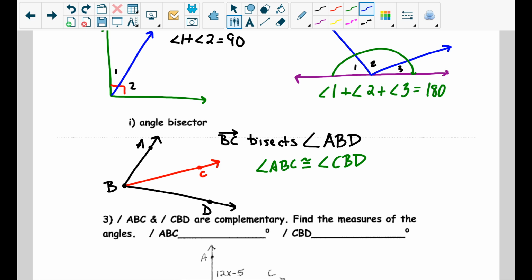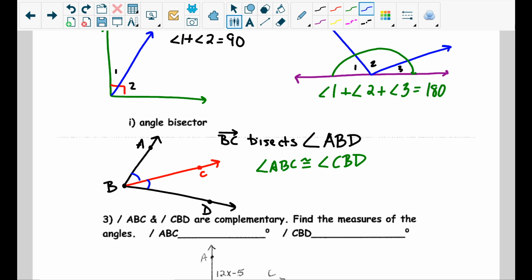Representing that, they may put little arcs. So see how these angles have the same arc? They can have one little arc, or a double arc, or a triple arc. Those arcs tell you that those 2 angles are congruent.